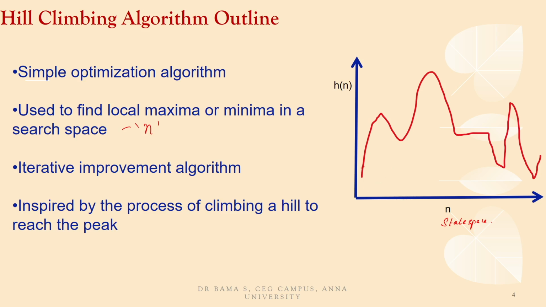So assume this is some kind of figure we get out of the manipulation between state space and the heuristic value. Now the following things can occur. One, it can grow until this point and come back here, and this is called a local maximum. Meaning when we are at this point we think, okay, this is the highest peak.